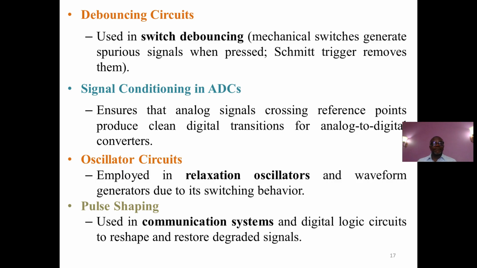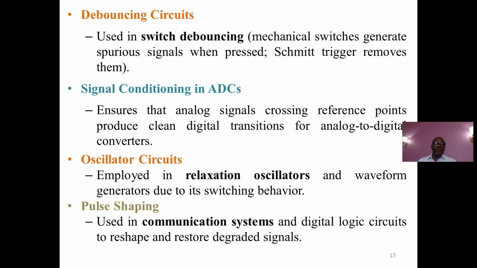And of course, it's also used as relaxation oscillators. We've looked at relaxation oscillators and what they meant. So you can just use this Schmitt trigger as a relaxation oscillator to get what you want.